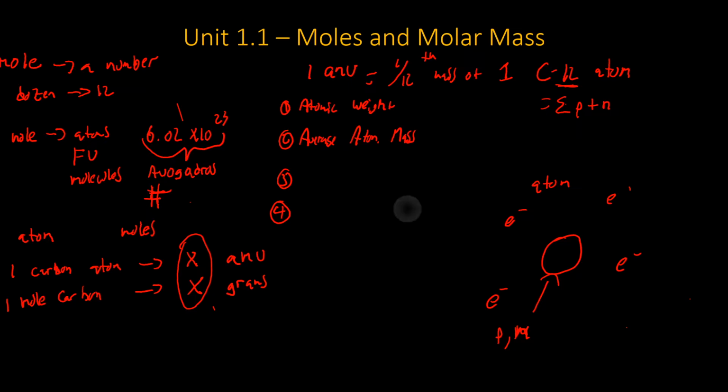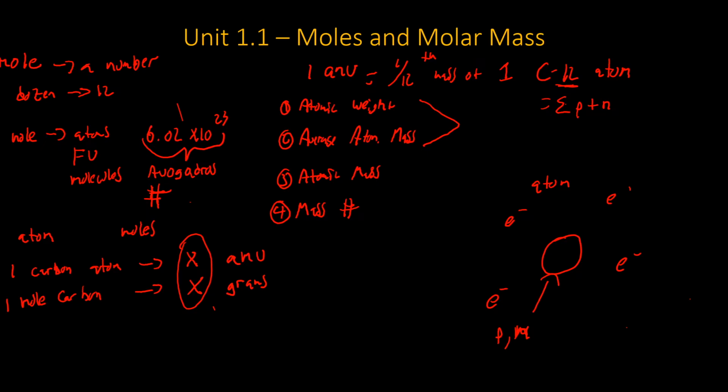Average atomic mass, your atomic mass, and now you can see where things definitely start getting quite confusing. And then the mass number. Atomic weight and average atomic mass. These two are identical. They mean the exact same thing.